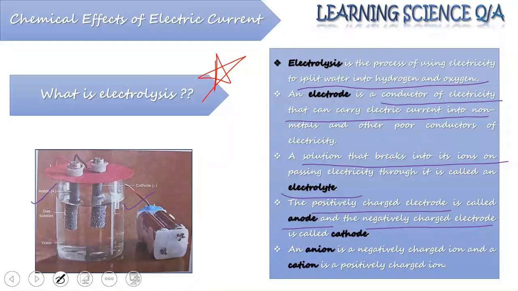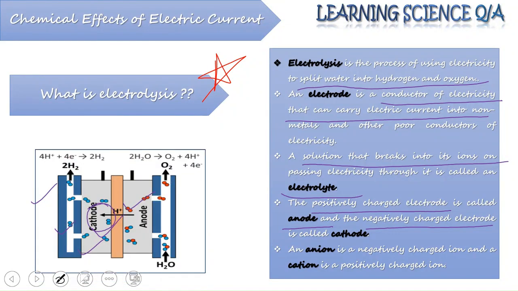We have water serving as the electrolytic solution, and we have gas bubbles liberating at the two electrodes. Hydrogen and oxygen both are gaseous in nature. So when the water is breaking down into its components, they are liberated in the form of gas bubbles that can be seen as the deposition over the electrode.